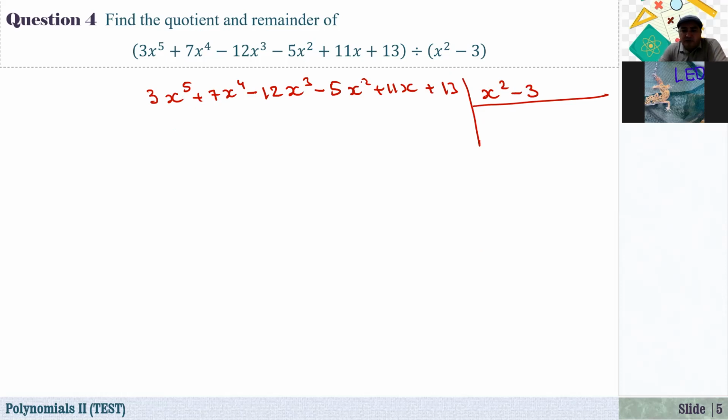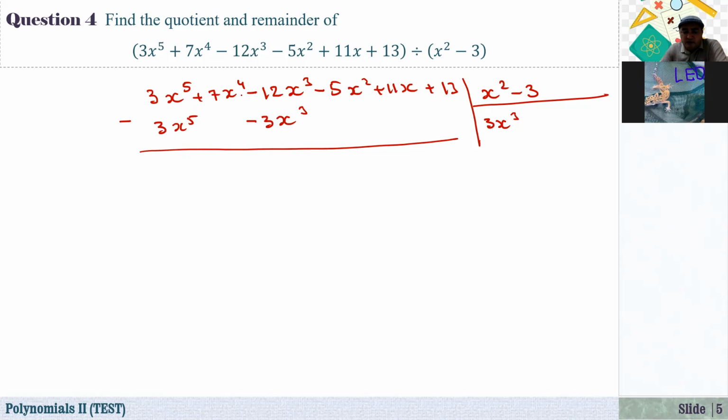3x to the power of 5 is divided by x squared, that is 3x cubed. And 3x cubed times x squared, that is 3x to the power of 5 and minus 9x cubed. Let me just write it here. If you subtract here, 3x to the power of 5 minus 3x to the power of 5, that's equal to 0.